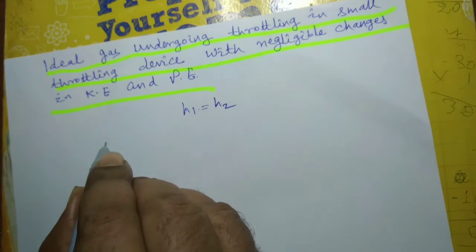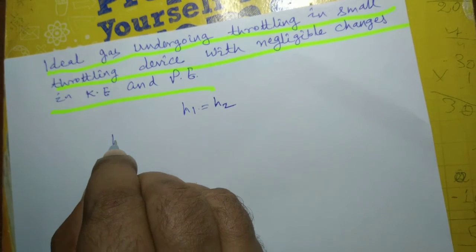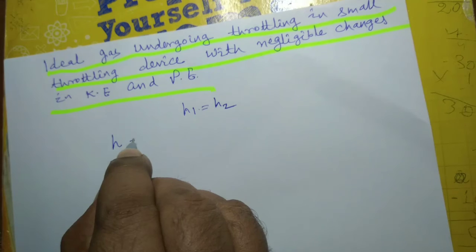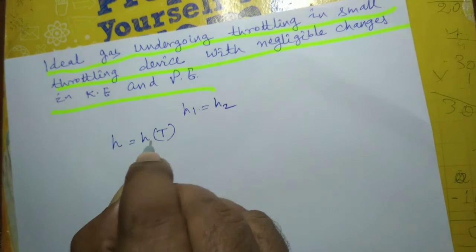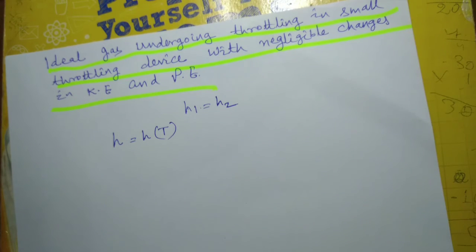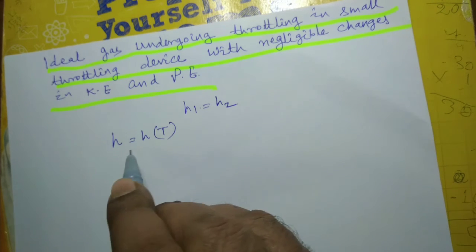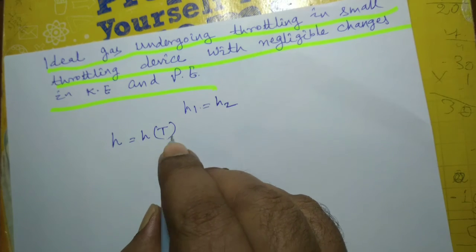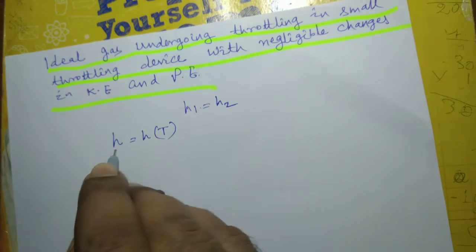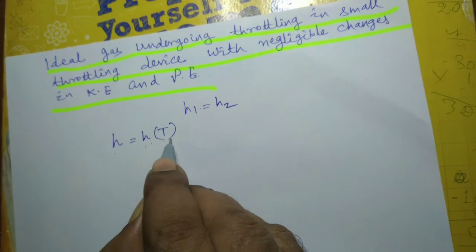So you see, for an ideal gas, we know that H is a function of temperature only. Specific enthalpy and specific internal energy are functions of temperature only for an ideal gas. So I can write H as a function of temperature.